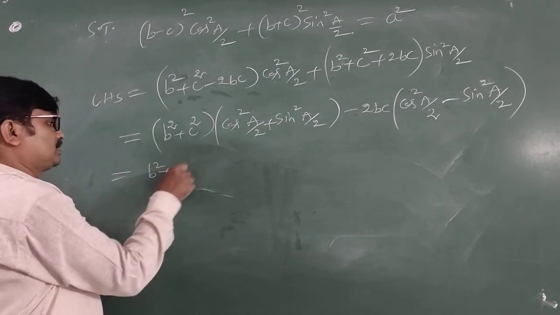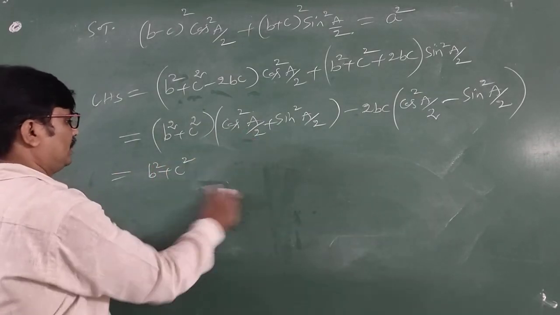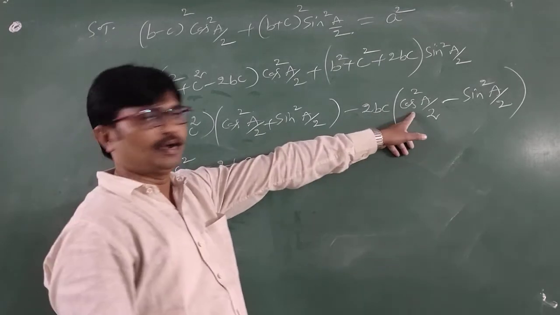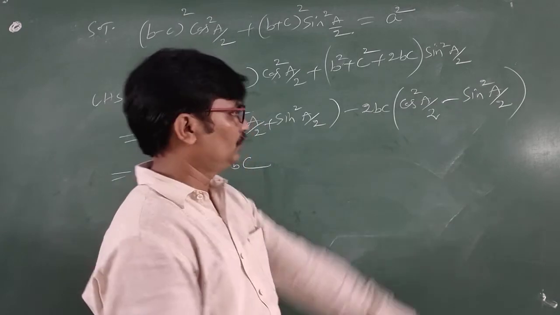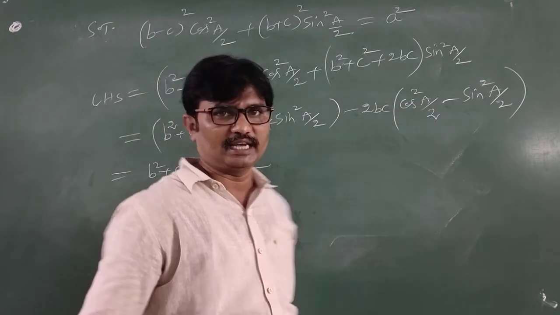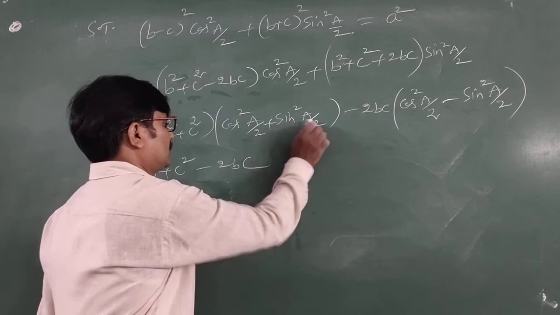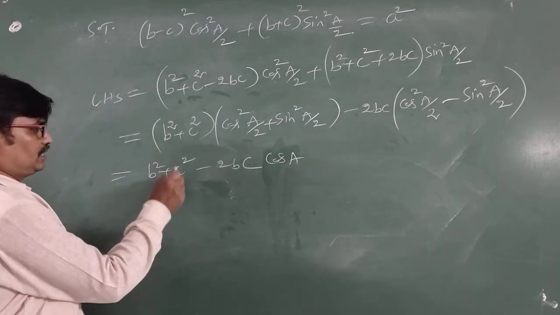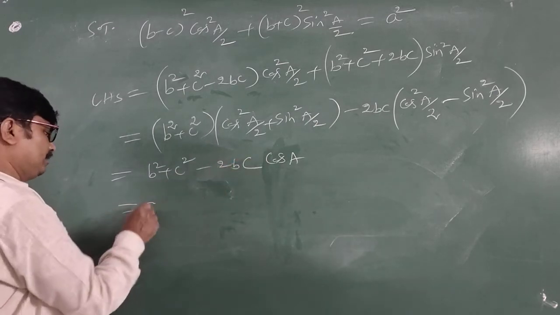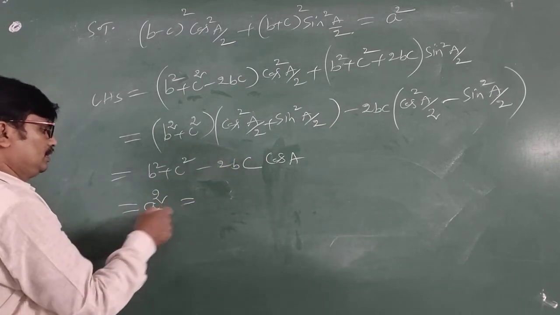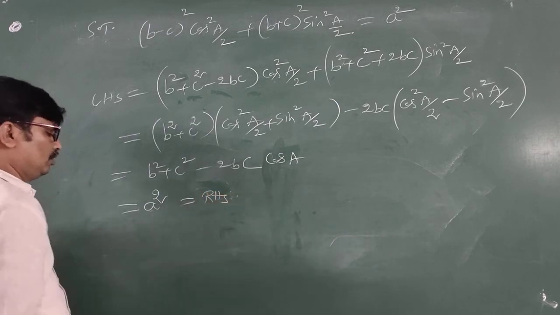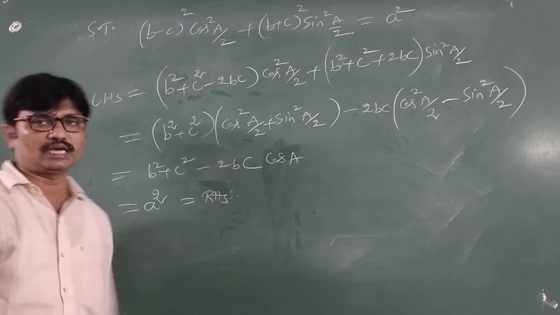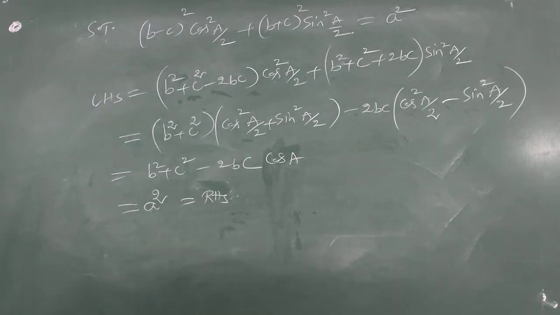B square plus c square, this value is 1, after that minus 2bc into (cos square A by 2 minus sin square A by 2), which is, students, cos A. So we know that b square plus c square minus 2bc cos A is the formula of a square from the cosine rule. A square equals b square plus c square minus 2bc cos A. Write down, students.